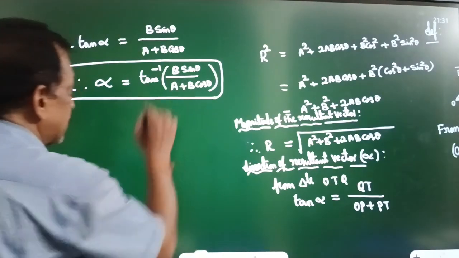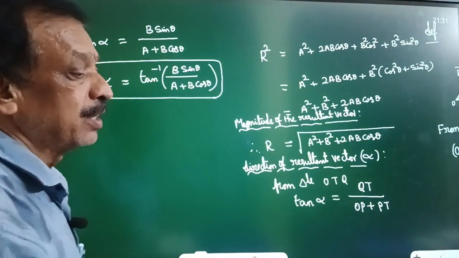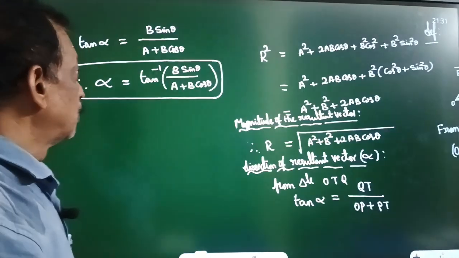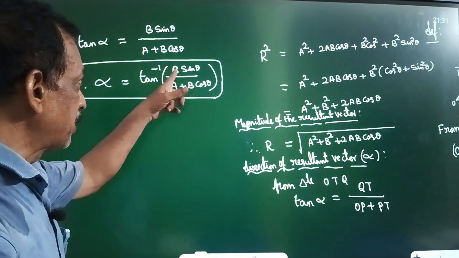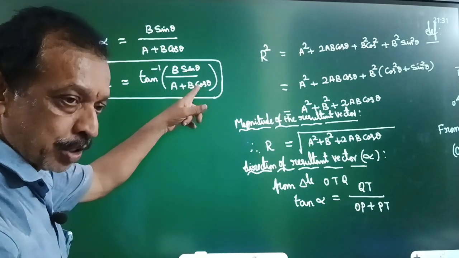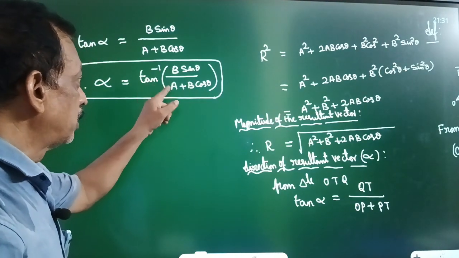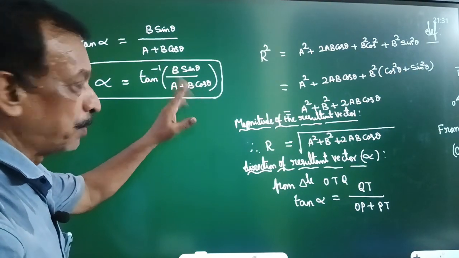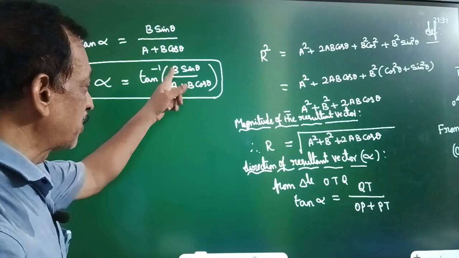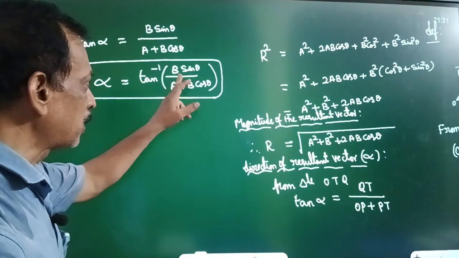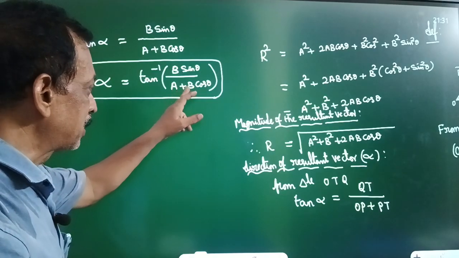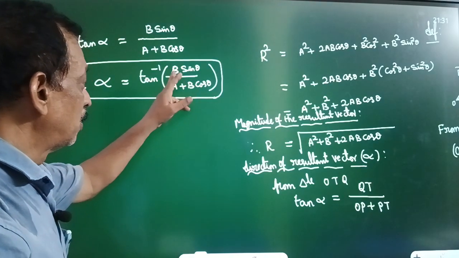So if the question asks which of the following indicates the direction of the resultant vector, try to listen. In tan inverse, if B sin theta is coming, then automatically B cos theta will be there. Suppose in place of this you write B cos theta by A plus B sin theta, that is wrong.